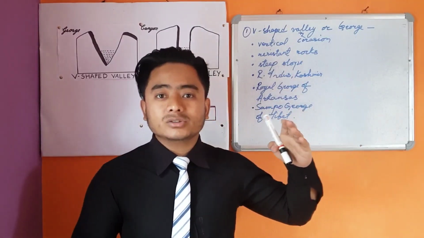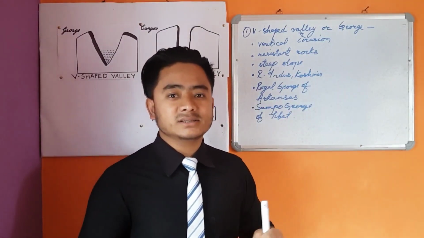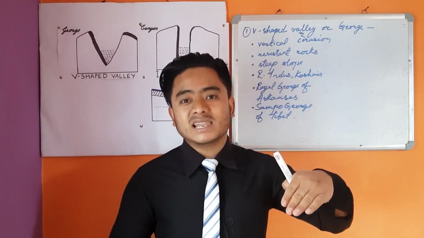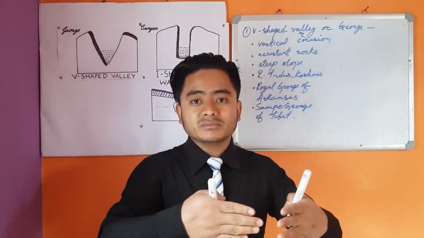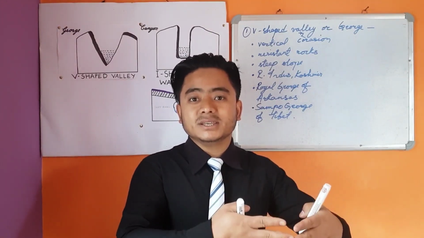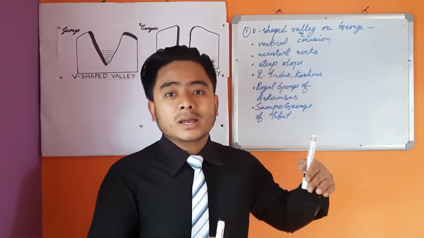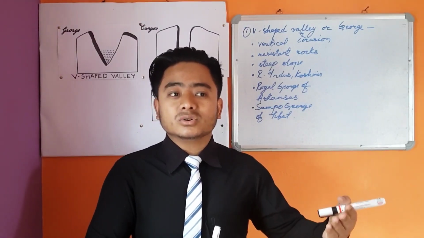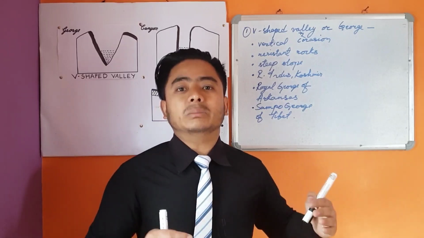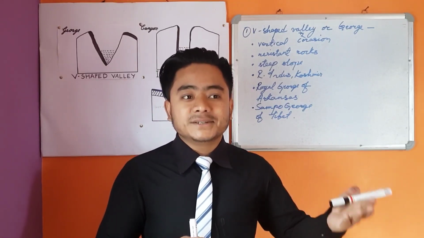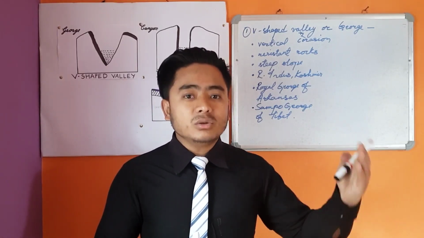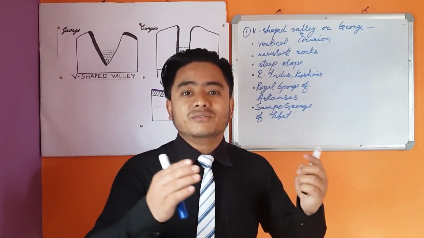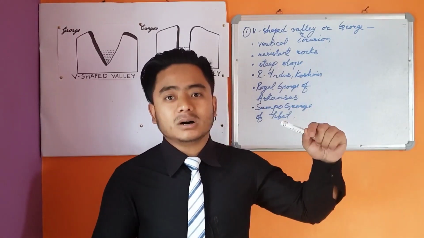So, when the river originates in the mountainous areas, due to the steep slope of the land and due to the joining of the many small tributaries in the main river, the river predominantly undergoes erosional work in the upper course. As a result, erosional work of the river forms various types of landforms in the upper course.